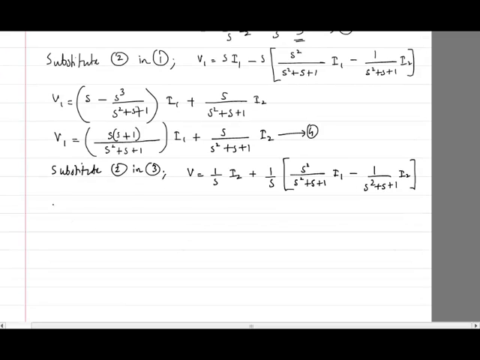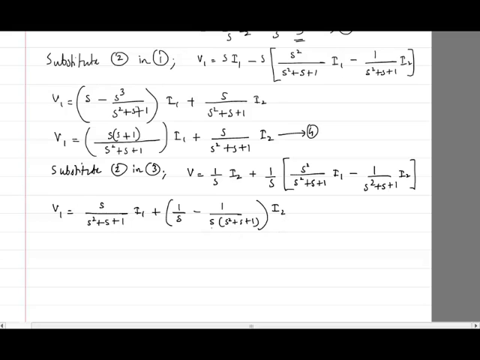So I will write V2 is equal to 1 by S, from the numerator S will get cancelled off. So I will get S divided by S square plus S plus 1 I1. Then plus I2 terms are 1 by S minus 1 divided by S into S square plus S plus 1, the whole into I2.